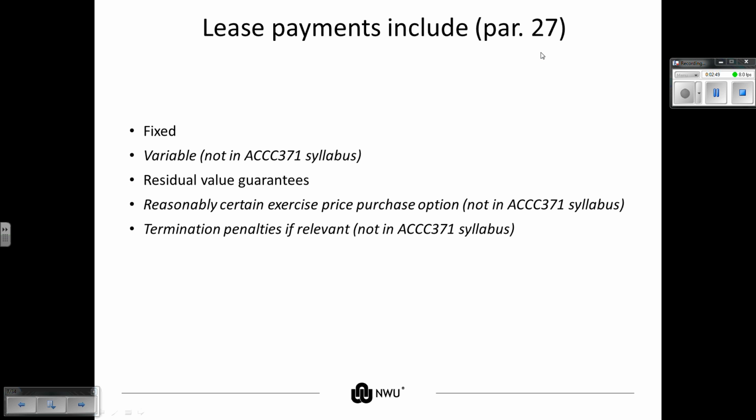Very important to remember for third year: fixed lease payments are included in your syllabus, variable payments not, residual value guarantees, yes, included. The reasonably certain exercise price of a purchase option is not included for this year, as well as termination penalties.